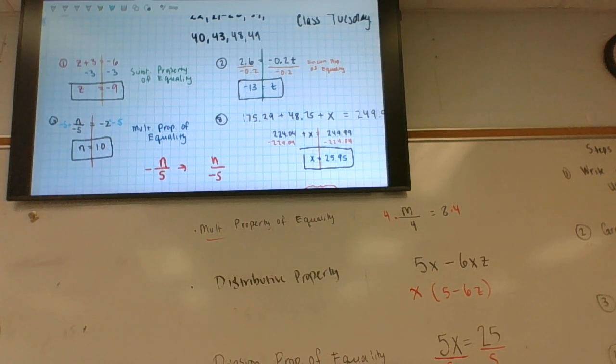If you're gonna combine it, you're gonna go across the line, you have to do the opposite. This is a positive, right? So subtract it out. Not the little two.